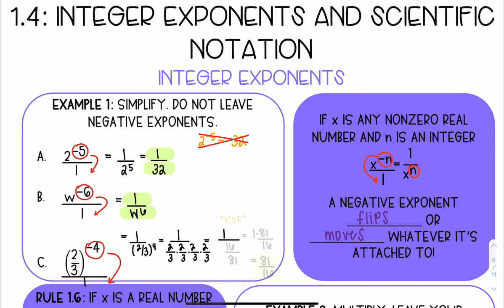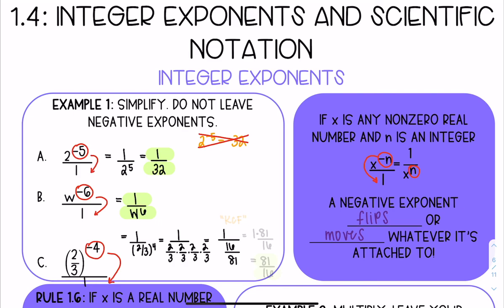And so remember, when we multiply fractions, we multiply across the top and across the bottom. So we have 2 times 2 times 2 times 2, which is just 16. And on the denominator part, we have 3 times 3 times 3 times 3, which is 81.